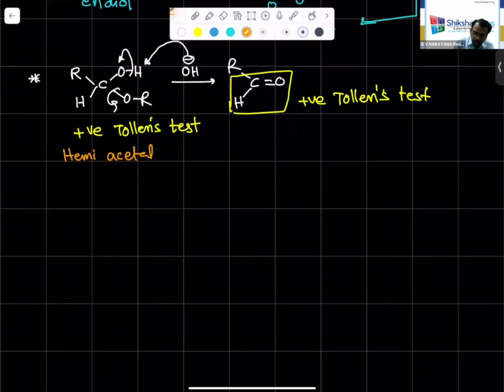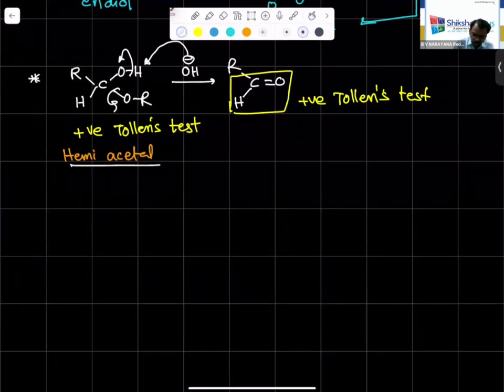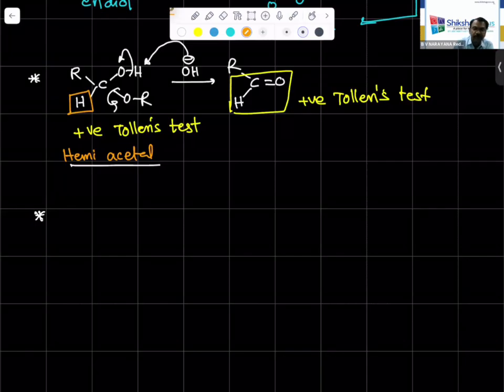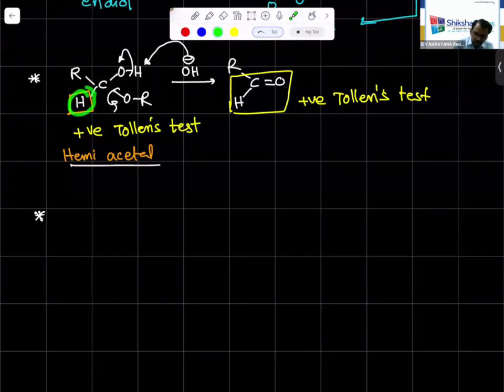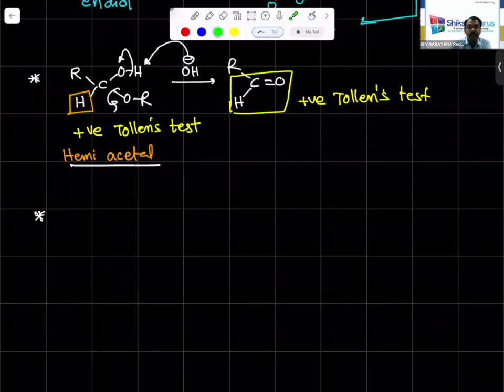But sometimes, not every time, instead of this hydrogen atom, be careful, here hydrogen must be present. On this carbon, hydrogen must be present. Then what will happen? We are getting aldehyde here. If it is hydrogen, then we'll get aldehyde. Aldehyde is positive towards Tollens test.